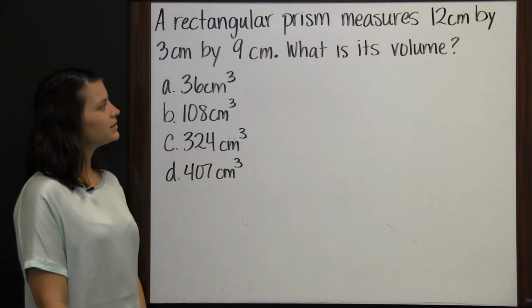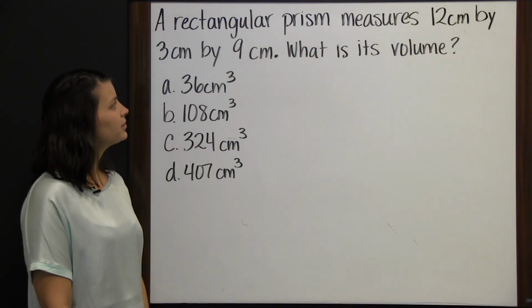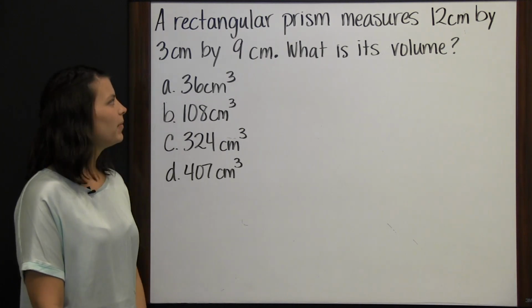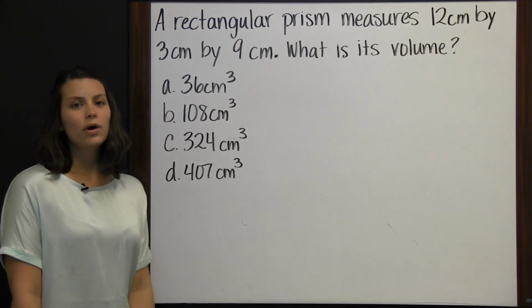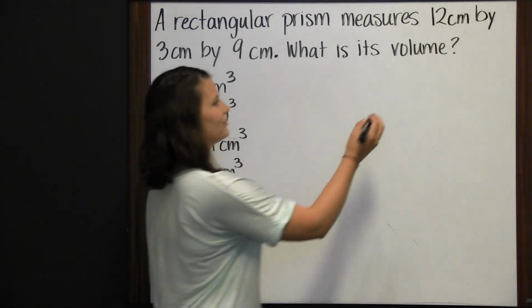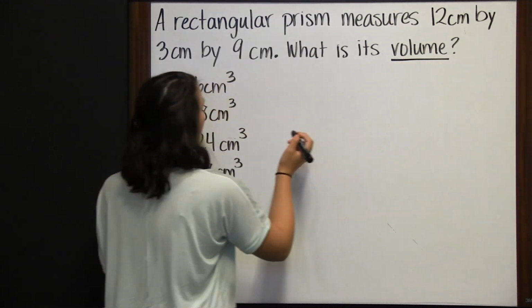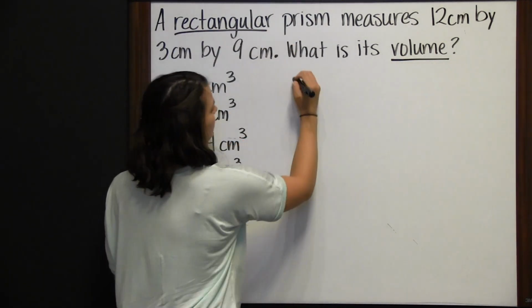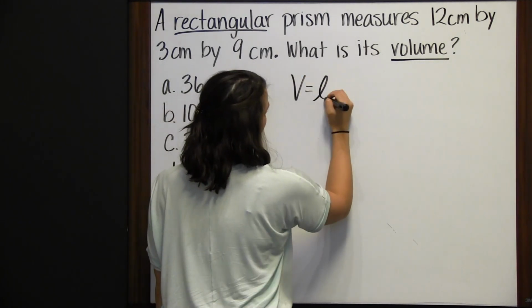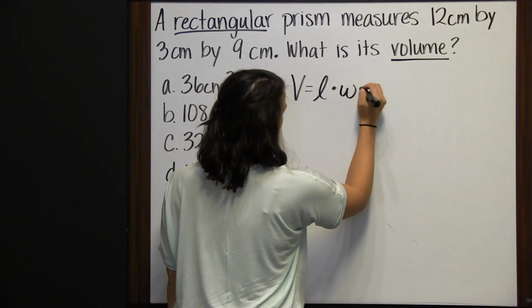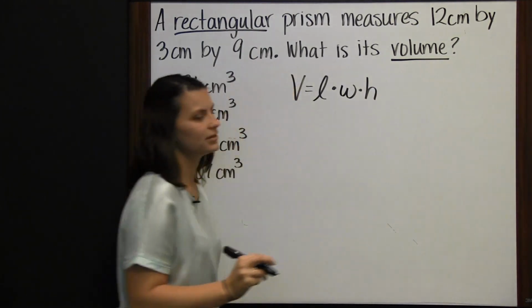A rectangular prism measures 12 centimeters by 3 centimeters by 9 centimeters. What is its volume? The formula for volume for a rectangular prism is volume equals length times width times height.